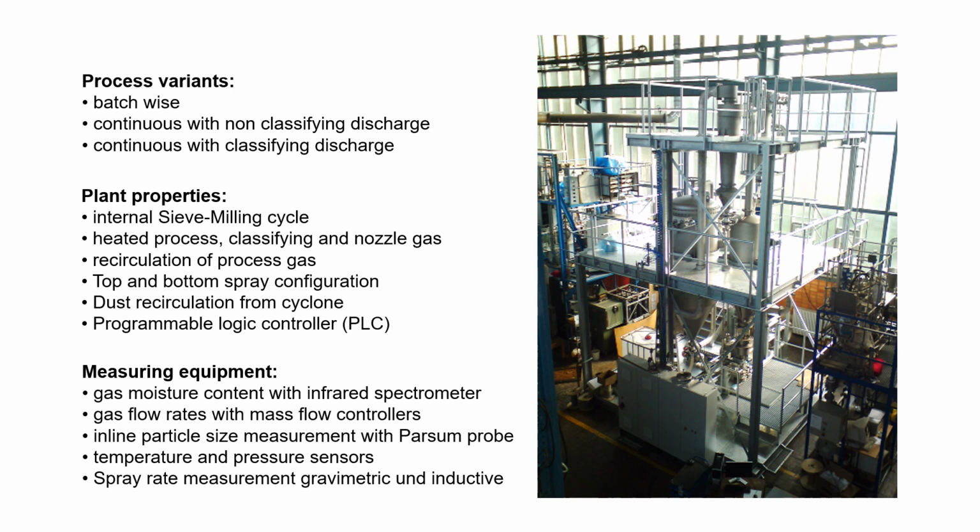We can send back the collected dust from the cyclone to the process, and everything is controlled and recorded more or less in automatic mode. This is done by a programmable logic controller.